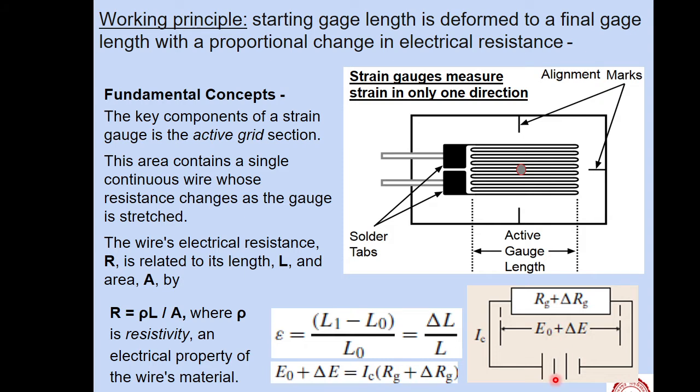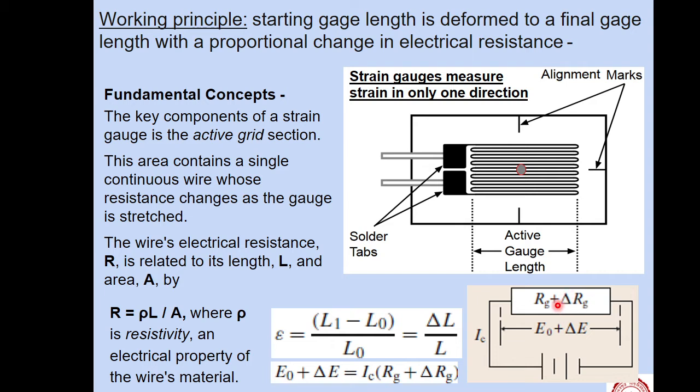Now, when the strain gauge is in a particular strain field, its resistance will change. So that change in resistance is this delta Rg. This R suffix G is the gauge resistance, the initial gauge resistance. This is the change.